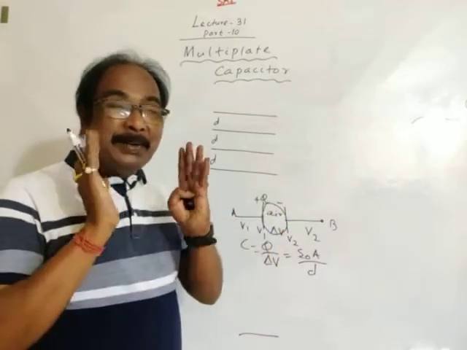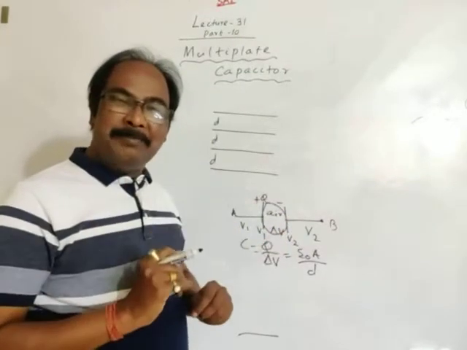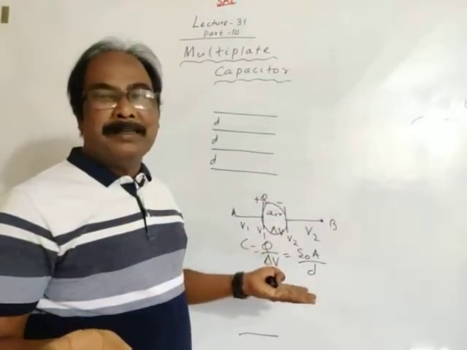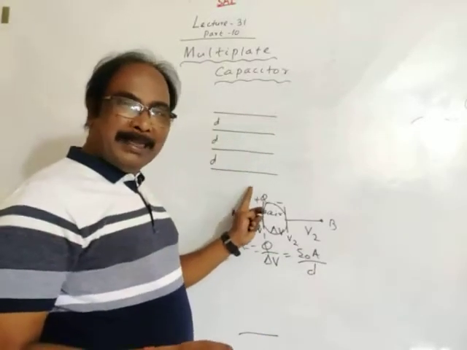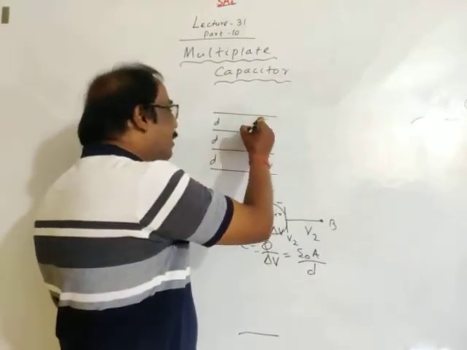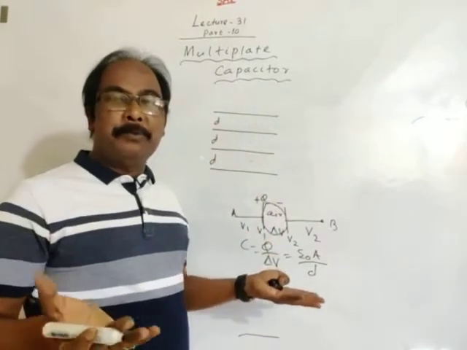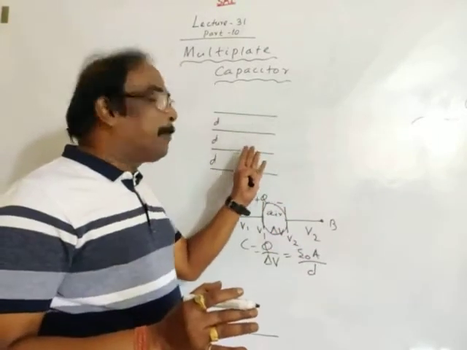If you are using 2 parallel plates, then in the gap between the plates the electric field is produced, and we have capacitance. So here there are 4 plates. If the number of plates is 4, then the number of gaps is 3. So maximum we can obtain 3 capacitors.